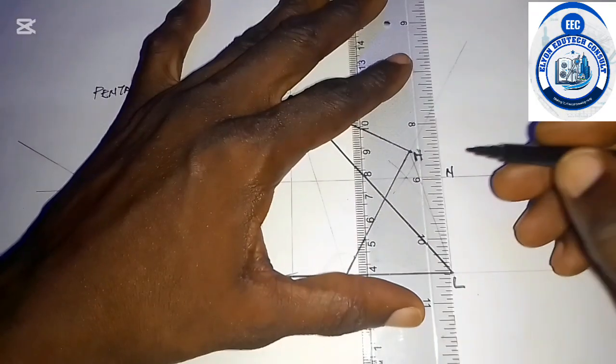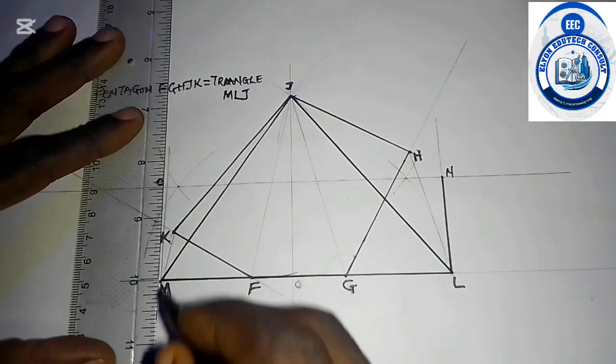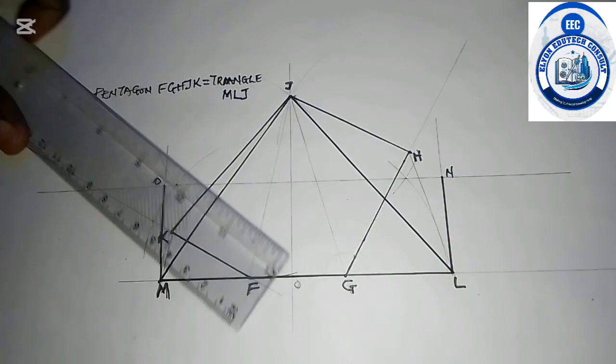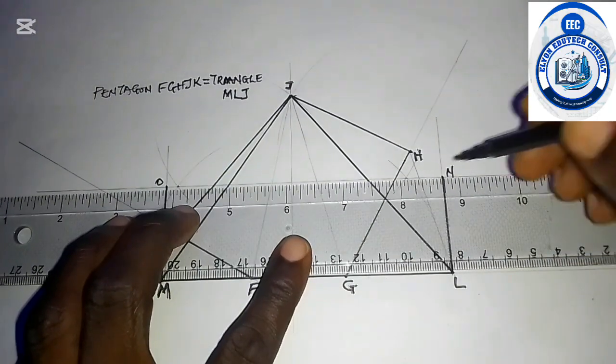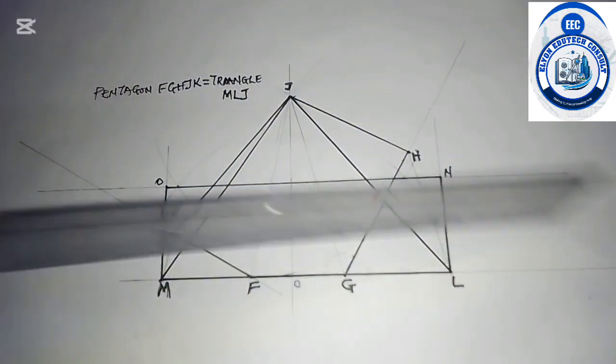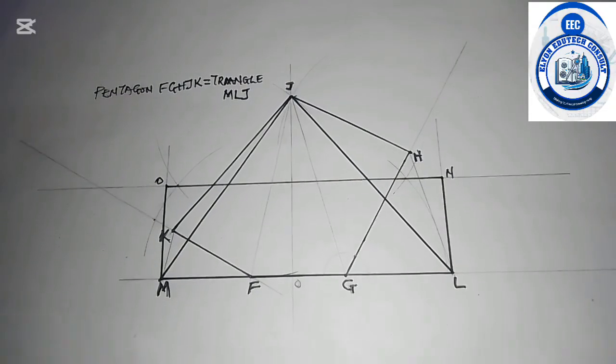So I will just take this out, take this out, then take this out. All right, now so we have a rectangle.